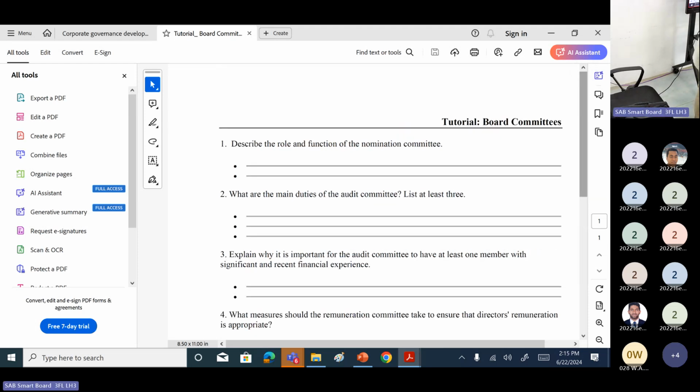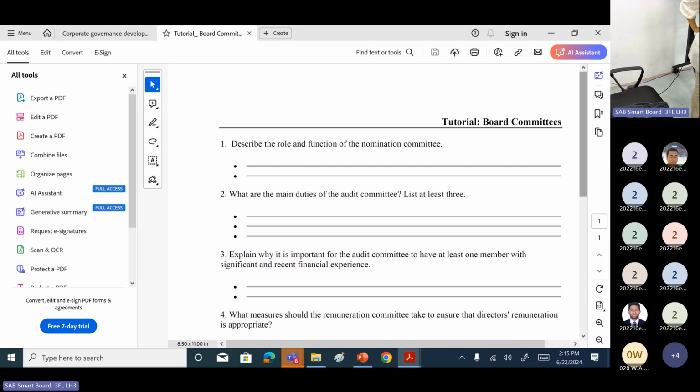Describe the role and the function of the nomination committee. What are the main duties of the audit committee? List at least 3. We have studied 5. Explain why it is important for the audit committee to have at least one member with significant recent financial expertise.